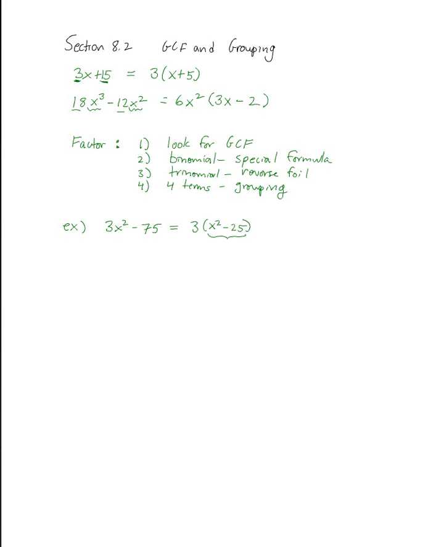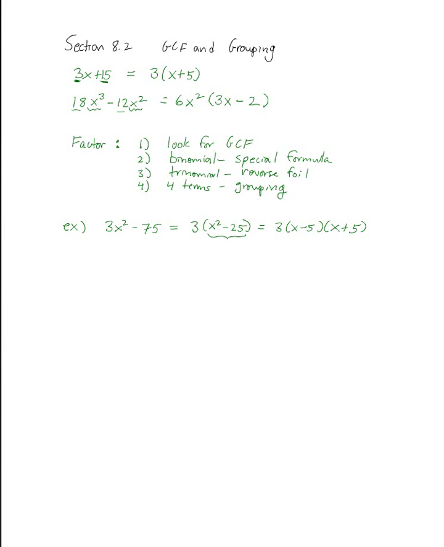So I look to see, does it fit into one of my special formulas? I notice it does. This one has square minus square. So this is going to factor more. Square minus square factors this way. It will be x minus 5, x plus 5. So that's what you're going to have to do in a lot of these problems. You're going to factor once by taking out the greatest common factor, and then you'll factor again using what we did last time.